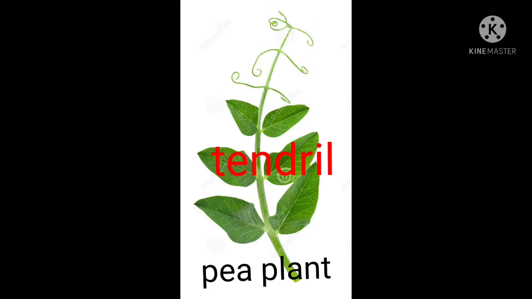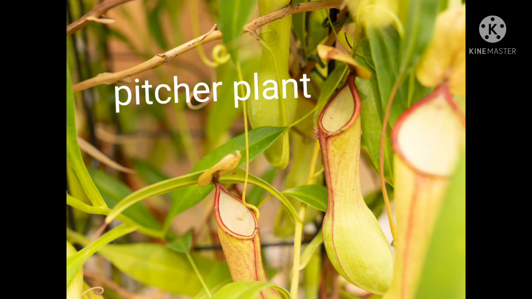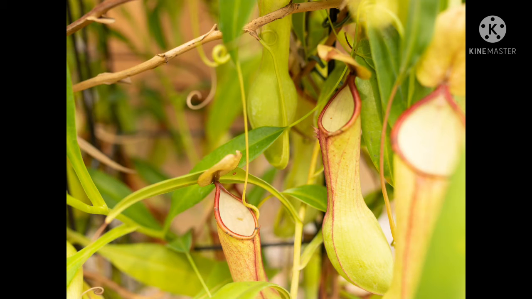These tendrils climb or coil around the support so that the plant can easily climb up. In some plants like pitcher plant, the leaves are modified into a jar-like structure so that insects can be captured in this jug-like structure. But some of the leaves perform the function of storage of food.